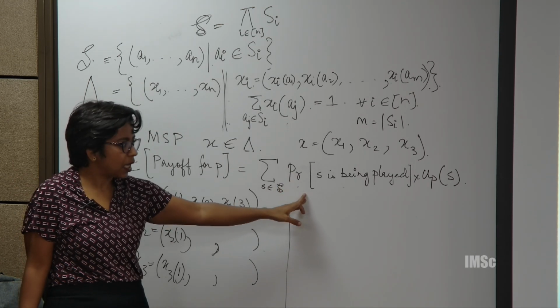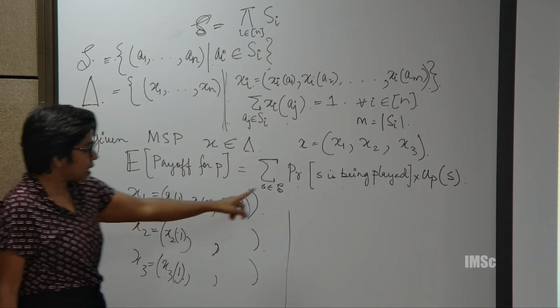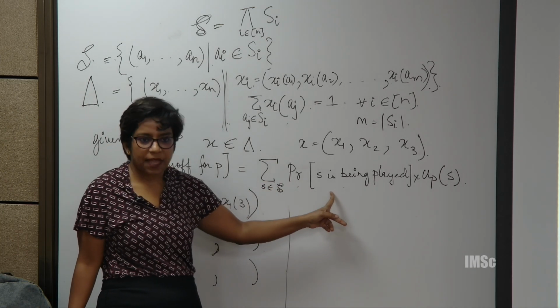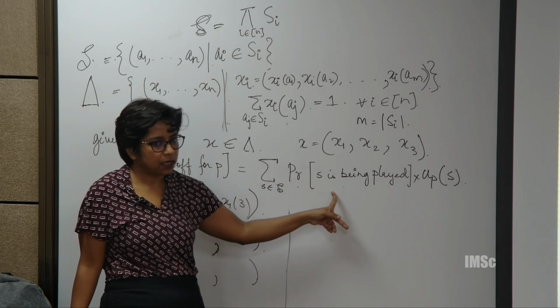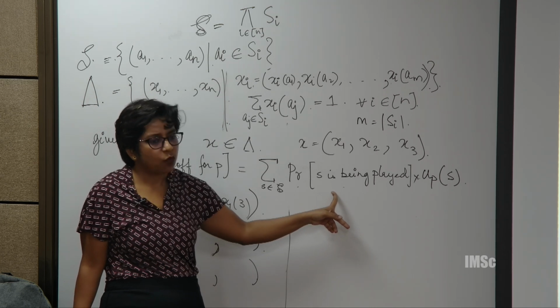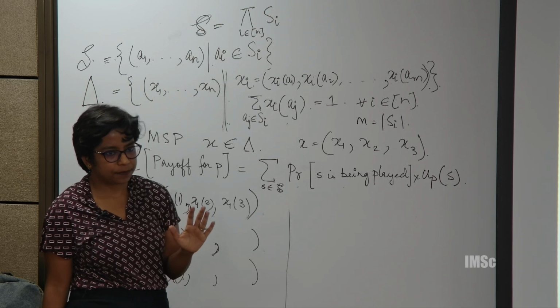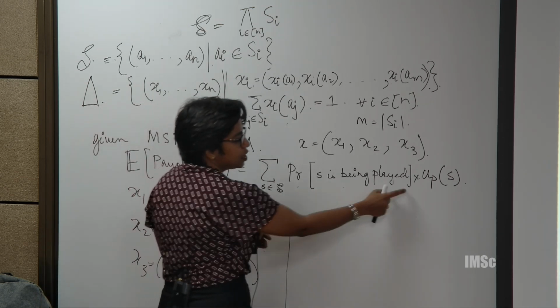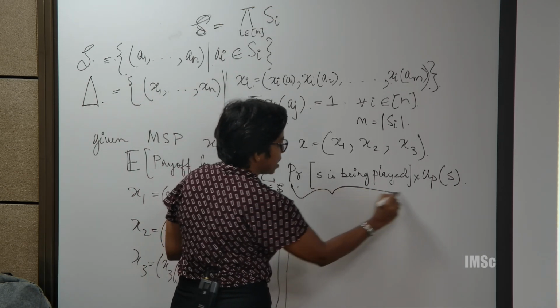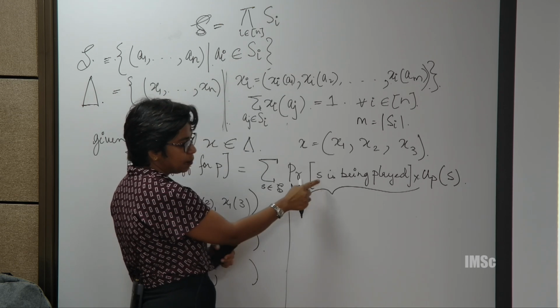Okay. Now, remember I said that when we talk about randomized strategies, we assume that every individual is playing independently. That allows us to simplify this expression. When I say probability S is being played, this is a vector, right.